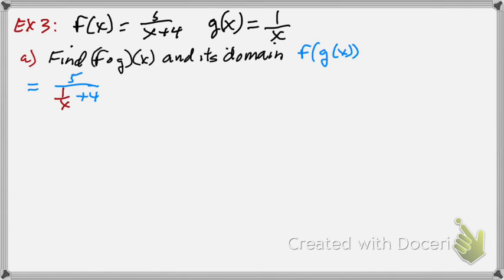Now on the bottom, I need to get all of that over one denominator. What looks like my common denominator would be x. So I've got to multiply this by x and this by x, which gives me 1 plus 4x over x as my lower denominator.